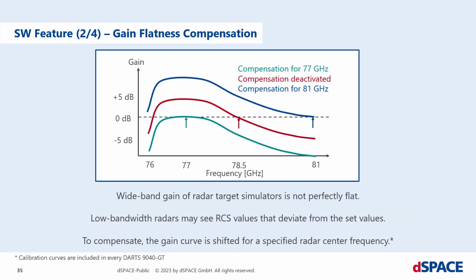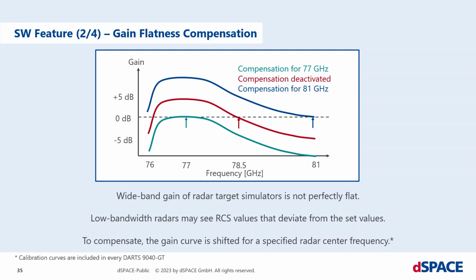Second, the gain flatness compensation. The wide band gain of radar target simulators and generally of all systems working at wide band in these frequencies is not perfectly flat. This can become problematic when low bandwidth radars are used with specific center frequencies. In this example here, 77 GHz or 81 GHz would be problematic.